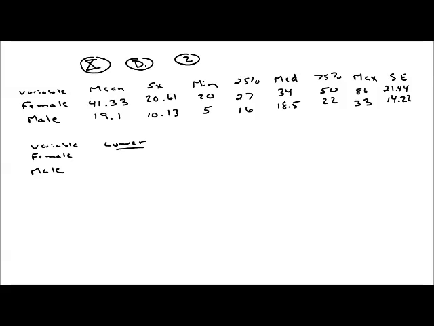And that's 20, 21, 24. And down here is 5, 6, 8. The upper values, 80, 83, 86. And 30, 31, 33.